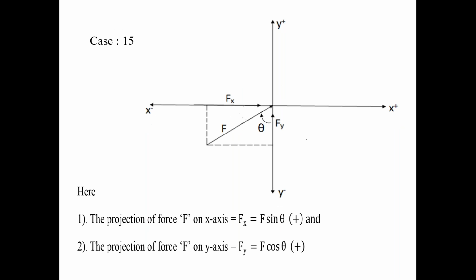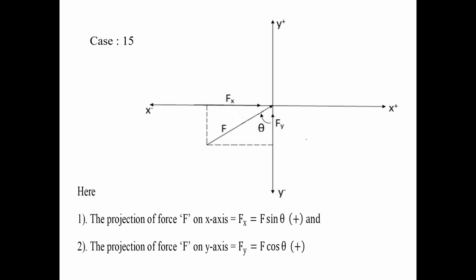15th condition. Fx is f sin theta because the angle theta is with the y-axis. Fx is f sin theta, Fy is f cos theta. Here Fx is a positive projection because the direction of Fx is towards the positive x-axis. Fy is also a positive projection.